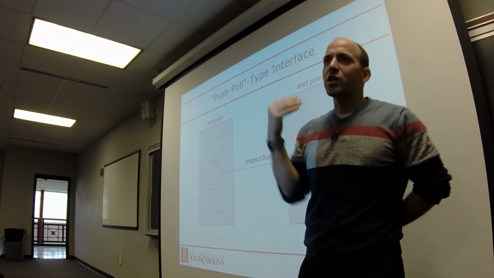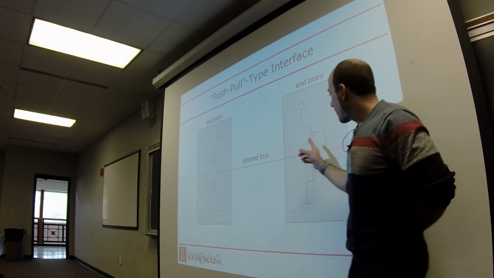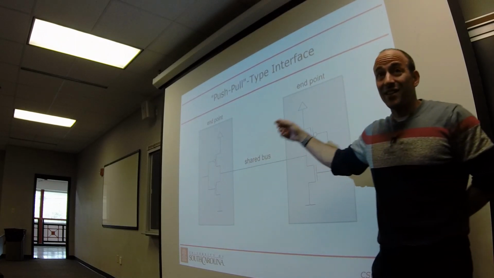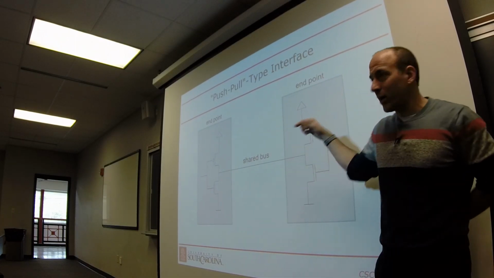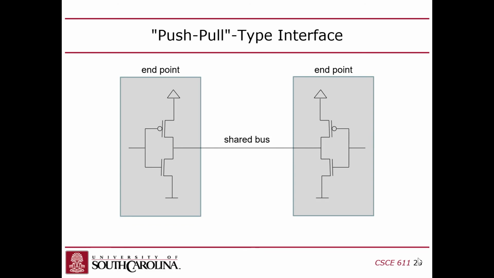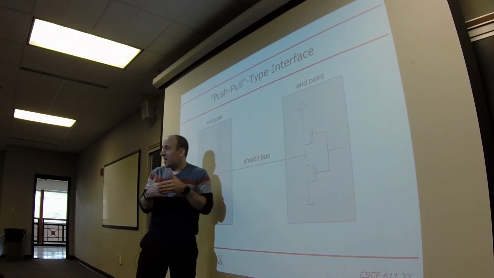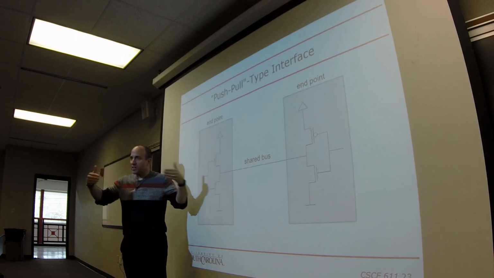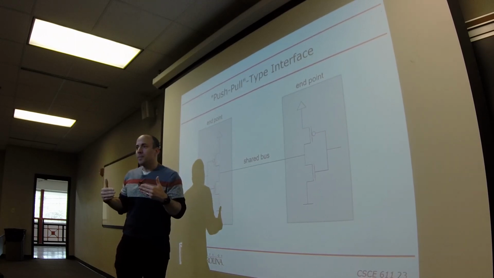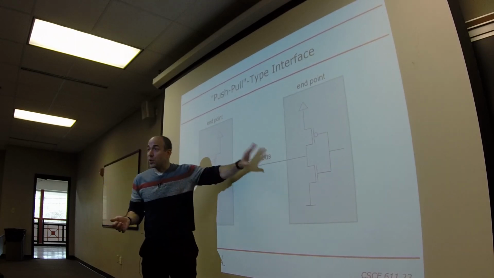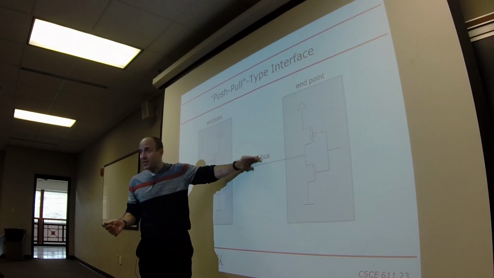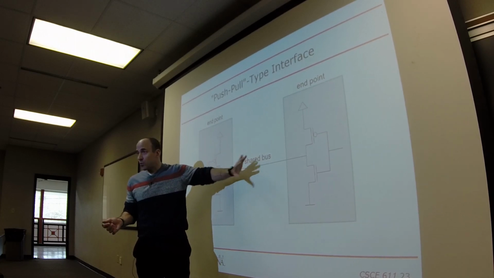Well, here's the problem. If you have a shared bus and two drivers connect their outputs to the same physical wire, as I'm showing here, these are mirror images of one another. The input is here, the input here is here, but the outputs are connected together. This would make sense if this were a shared bus, because I want both of these guys to be able to write to this bus.